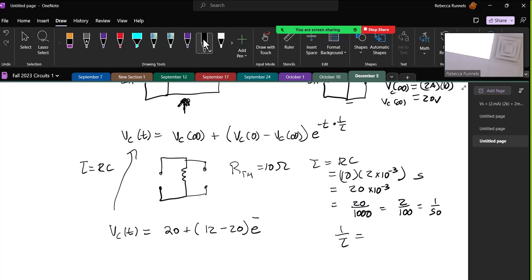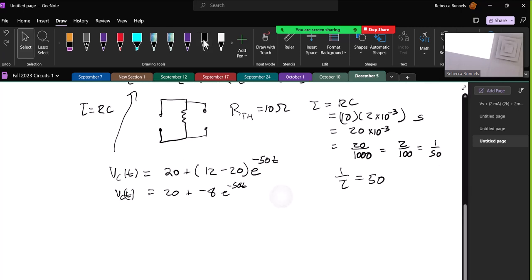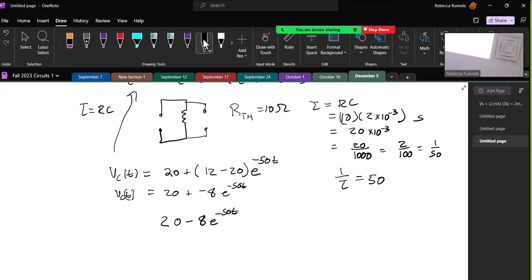Tau is 1 over 50, so 1 over tau is 50, so minus 50t. So VC of t equals 20 plus negative 8 e to the minus 50t, or just 20 minus 8 e to the minus 50t, and my units are volts because I didn't have any millis or anything like that. So that is my answer.